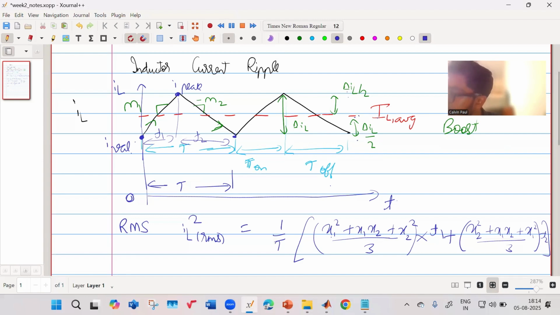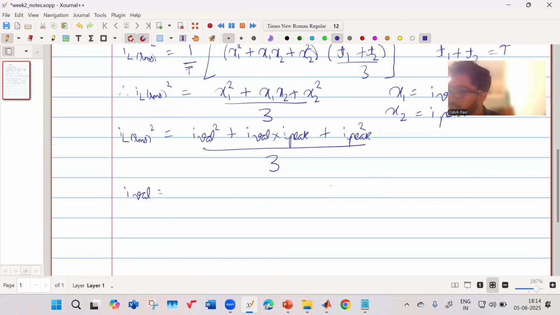So I will write I valley is IL average minus delta IL by 2, I peak is equal to IL average plus delta IL by 2. Okay, so that I will substitute over here.